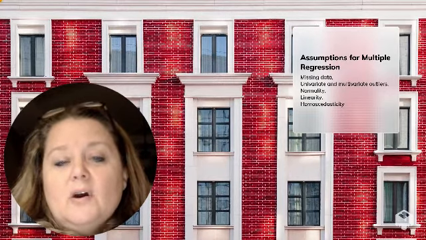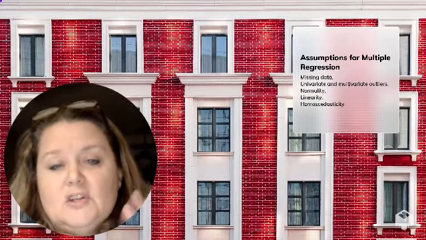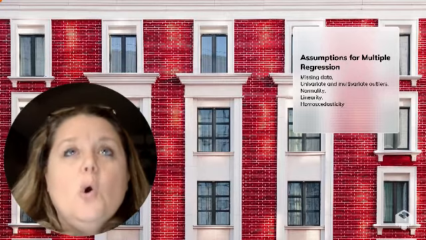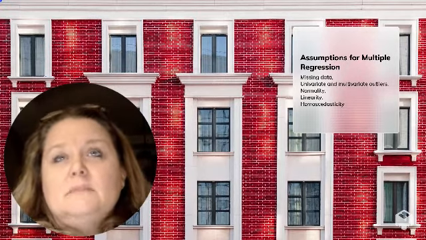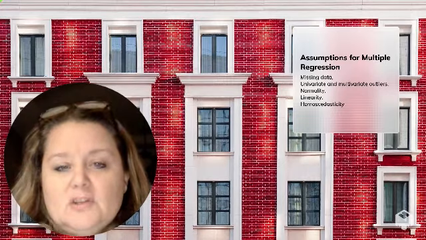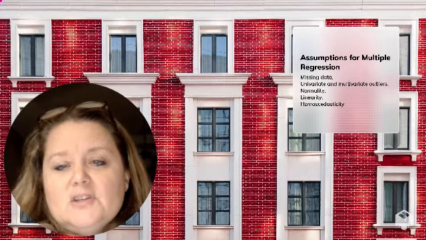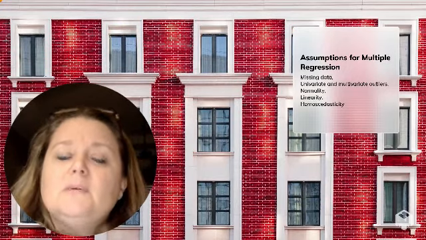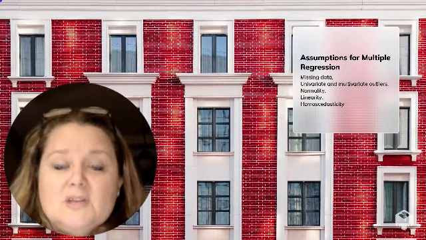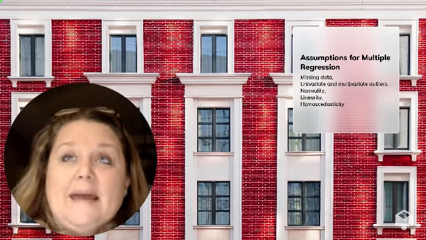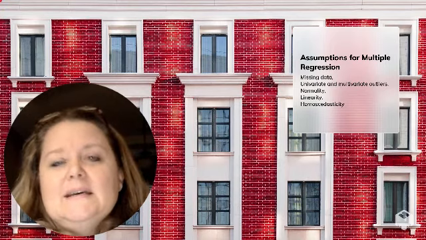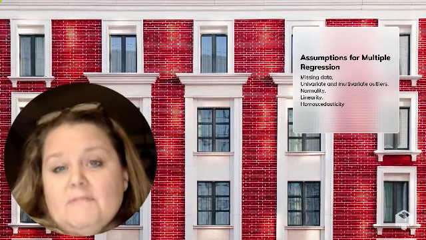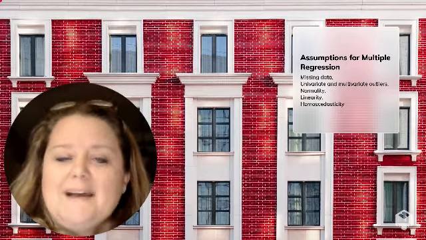But what you want to know is if you have a curvilinear relationship of a predictor with an outcome variable, or you have a hilly, a quadratic relationship, and it's really not a linear relationship, you're not going to find anything, but there might be an interesting relationship that's there, but the multiple regression may not be the best analysis. You may need to do something more advanced that can look at relationships that are curvilinear, which we're not going to cover in my class.